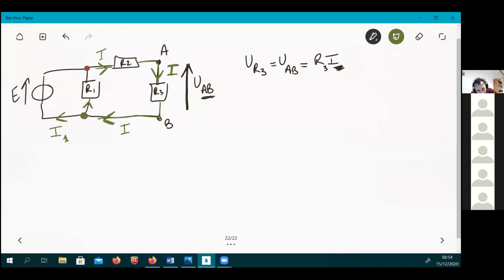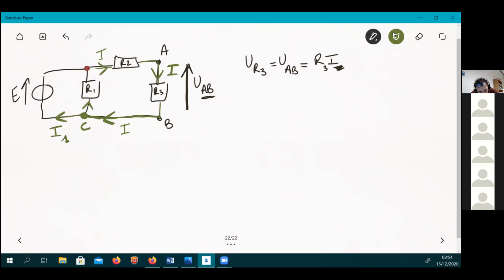You have I1 entering this node that I'm going to call C. So you have the current I here, another I1 going out from here.